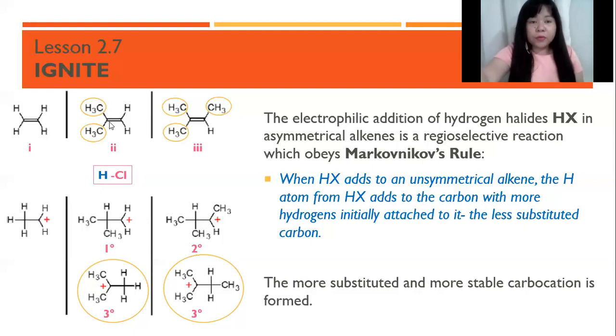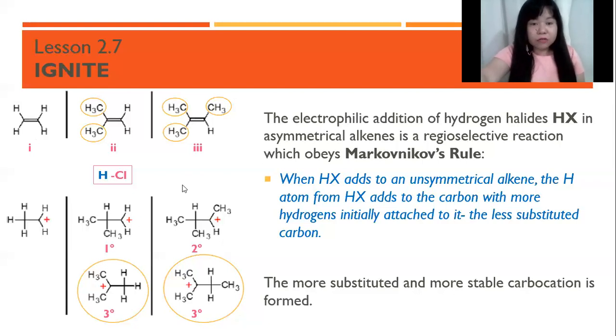Therefore, the other carbon would bear the positive charge, producing a more stable carbocation, since the carbon that would bear the positive charge would be the carbon that is more substituted.